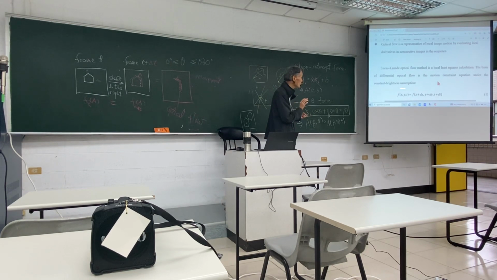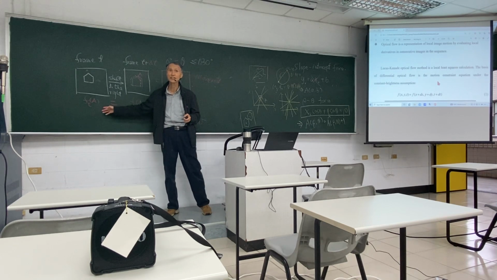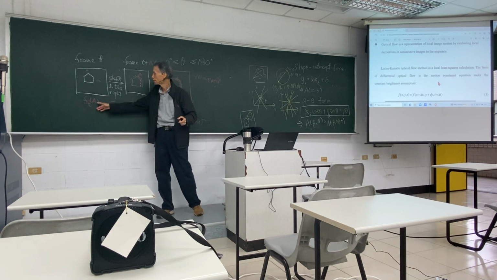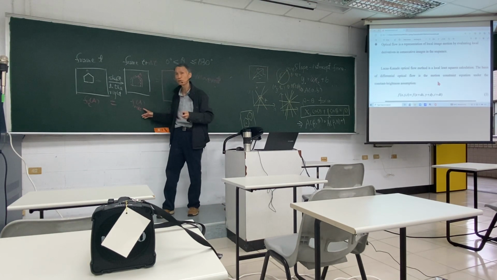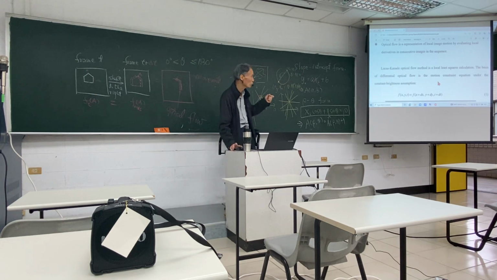You maintain the constant brightness assumption, which is exactly what I'm saying here: in a very short period of time, their brightness or intensity will be retained. It won't change. So here comes the equation.